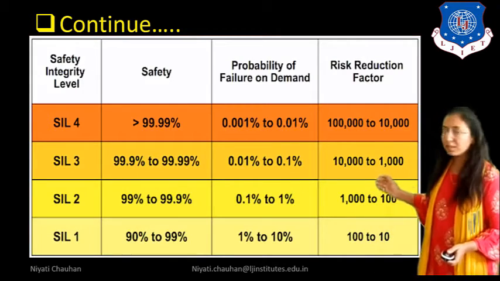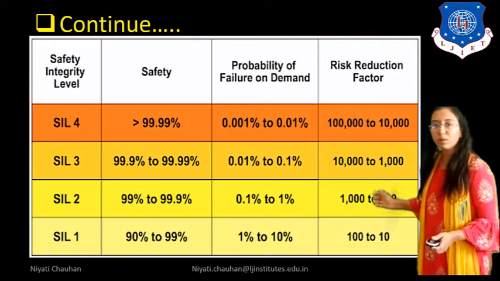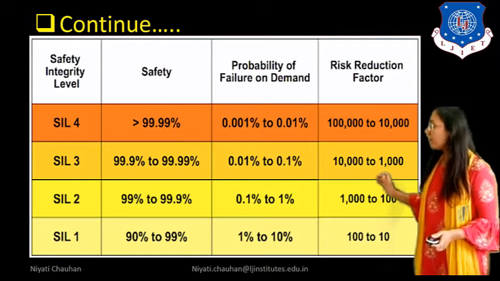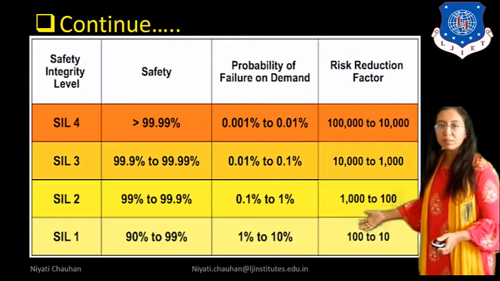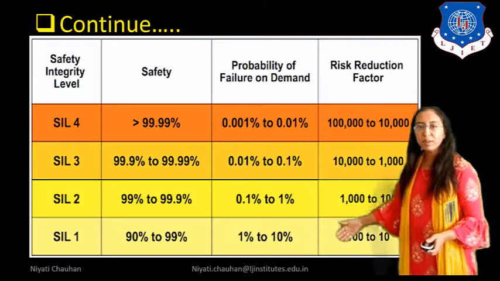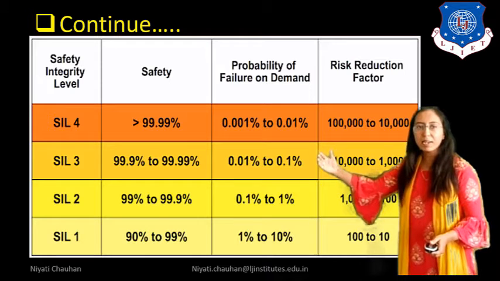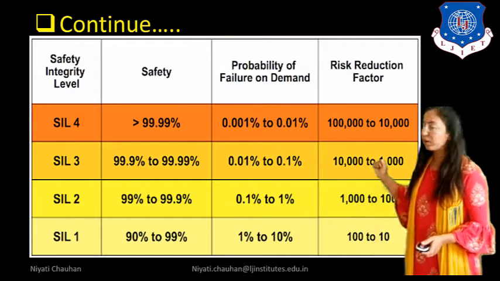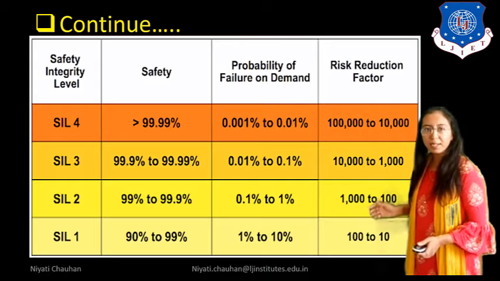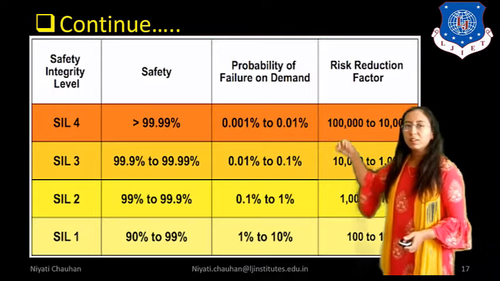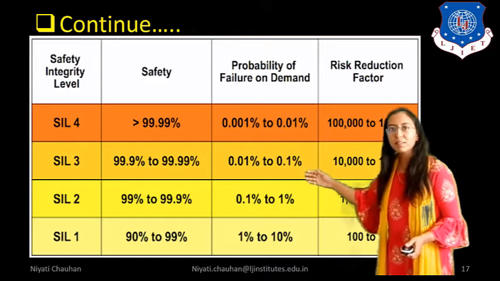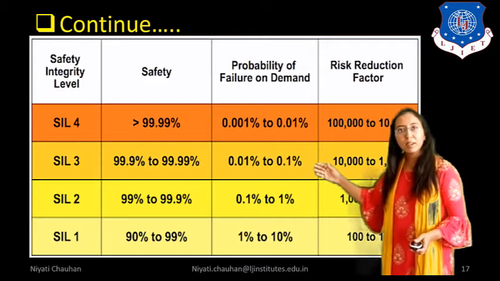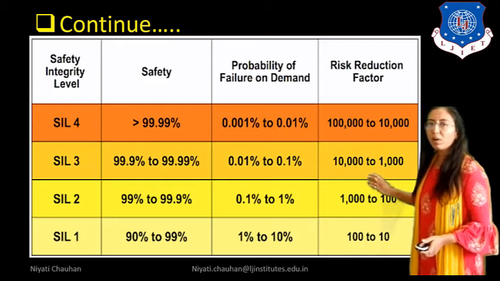So here you can see a chart shown on your screen, and this is related to the different SIL levels. So first SIL 1, then SIL 2, SIL 3 and SIL 4. That is safety integrity level. Then the second column is for safety, the third column is for probability of failure on demand, and the last column is risk reduction factor.